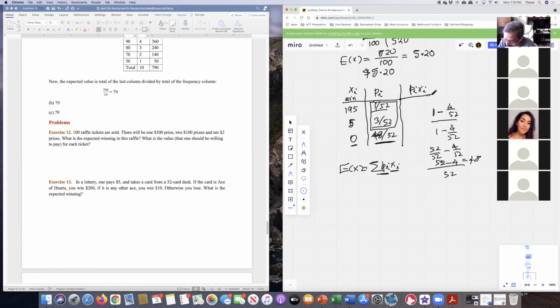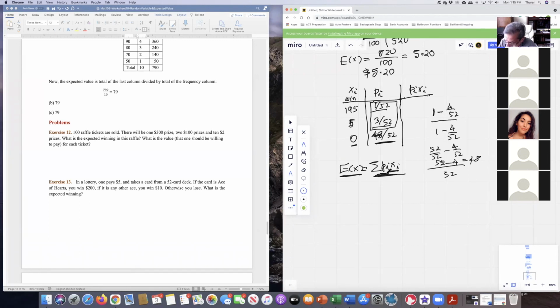Can you go over the expected value, please, Professor? Yes, that's what I'm doing. So we are going to use the formula that expected value equals sigma PiXi. In other words, each value multiplied by the probability that we proved in the previous page.